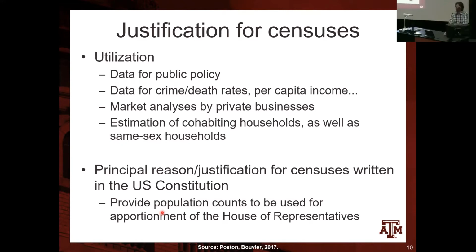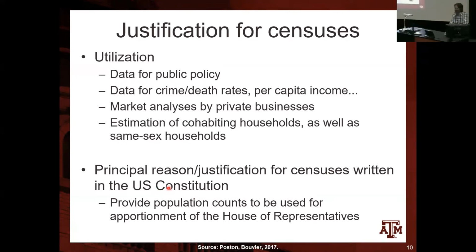And there have been a lot of recent debates with the current federal administration. They are pushing to ask a question about citizenship, because they say the census is supposed to measure how many citizens we have. But that's not the reason detailed in the US Constitution. The Constitution says we need to know the overall population.